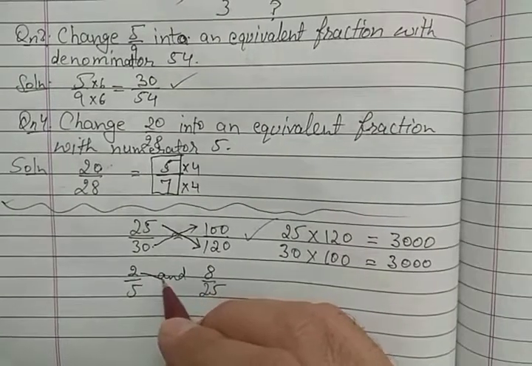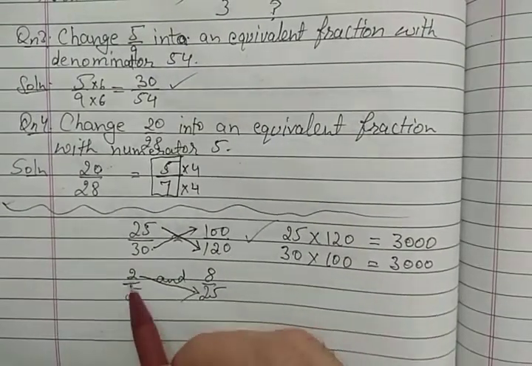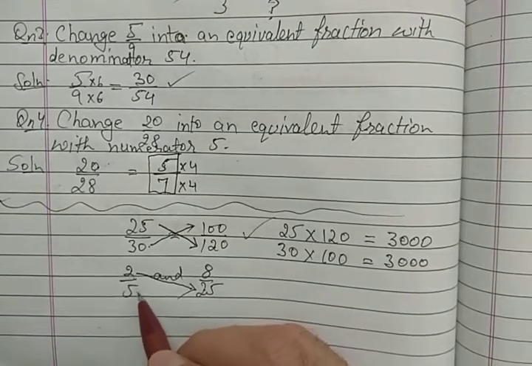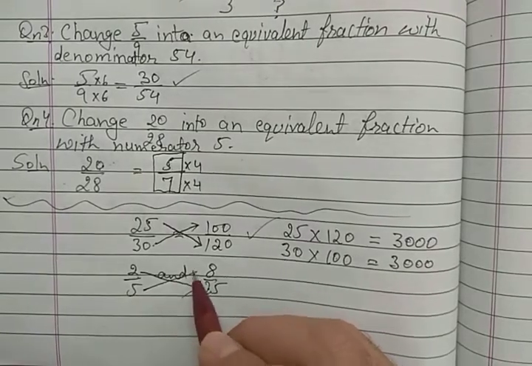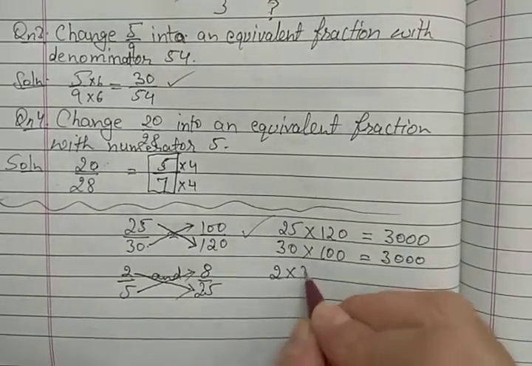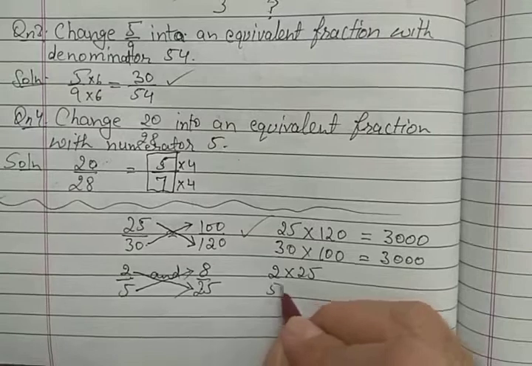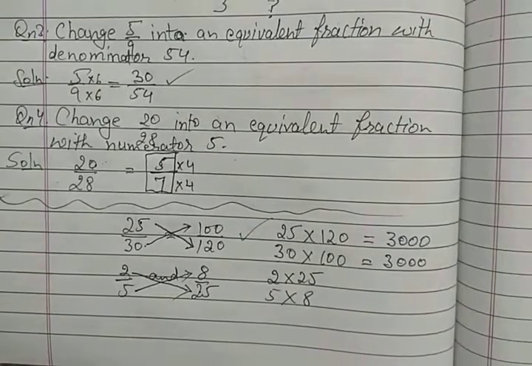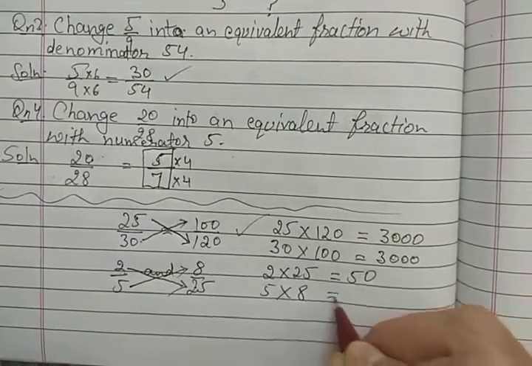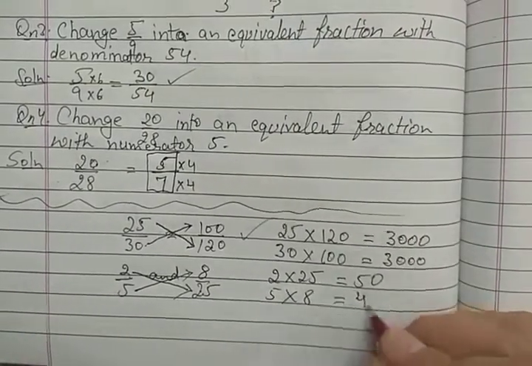We will cross multiply this. Multiply the numerator of the first fraction with the denominator of the second, and multiply the denominator of the first by the numerator of the second. Multiply 2 multiplied by 25 and 5 multiplied by 8. So 25 2s are 50 and 5 8s are 40.